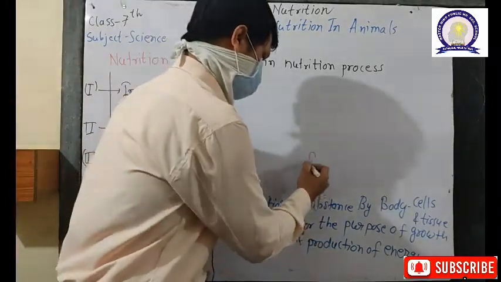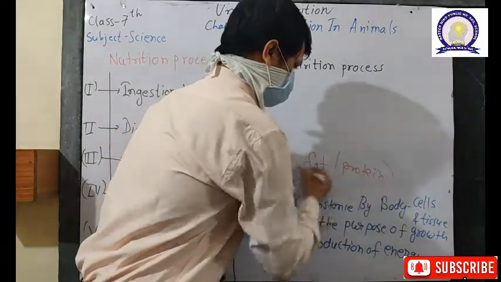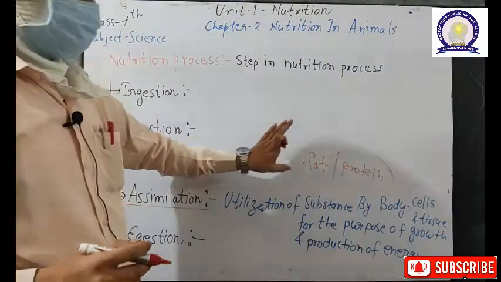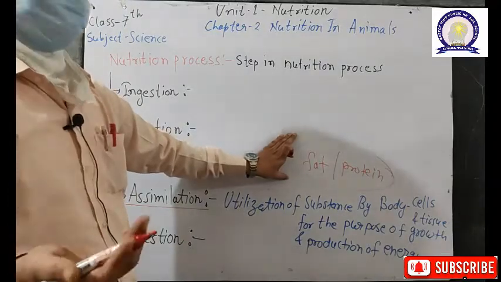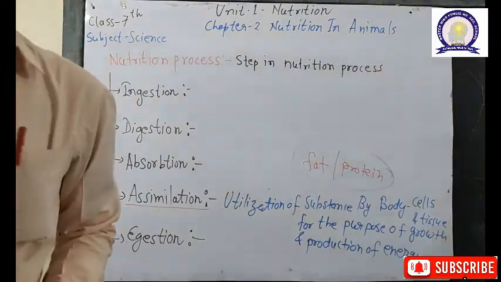These substances are converted sometimes into fat and sometimes into proteins. These two components are stored in the body for further use in growth and the production of energy.